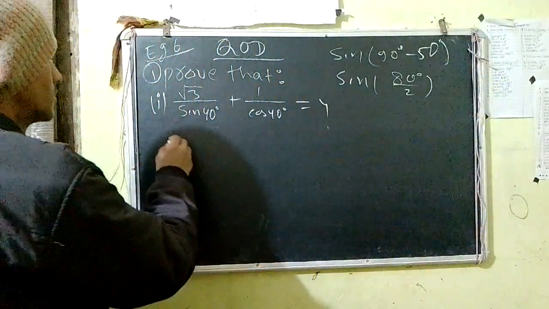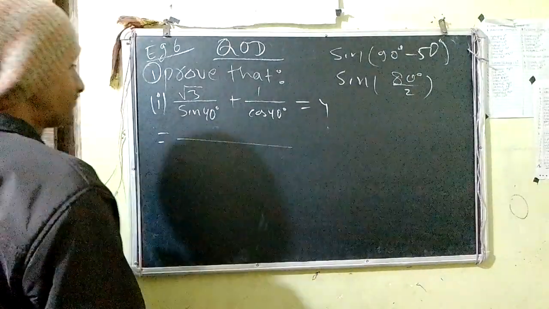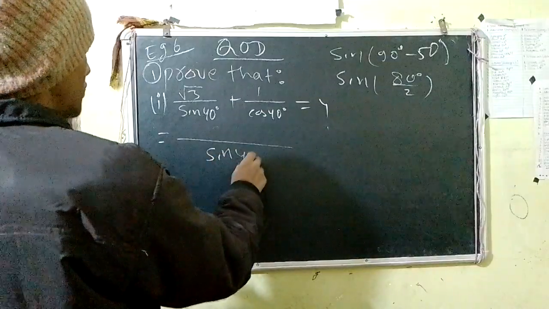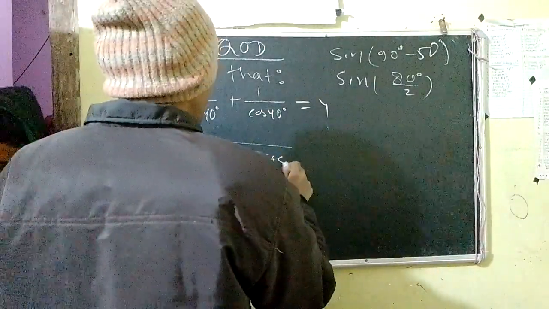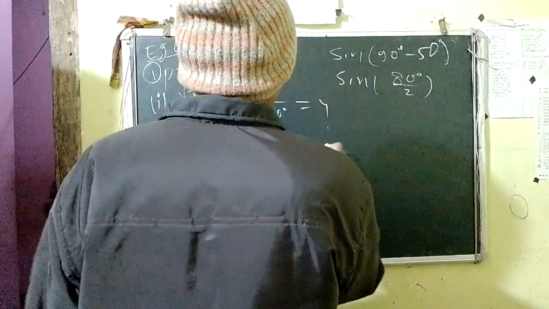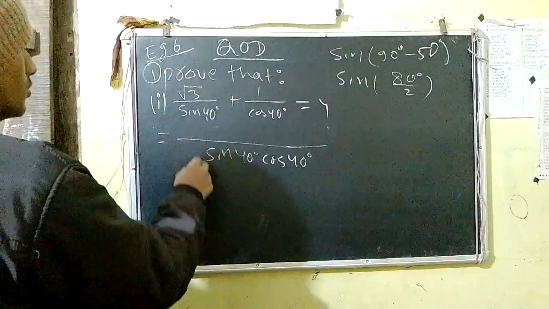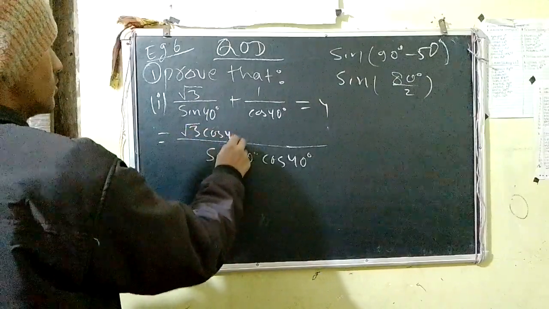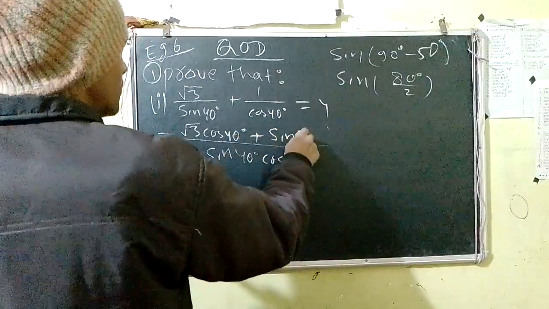is here, to solve the LHS, what do you have to do? Just do the summation. And then this will be sine 40 degrees, cosine 40 degrees. And then here, the root 3 is this, so root 3 times cosine 40 degrees plus sine 40 degrees.